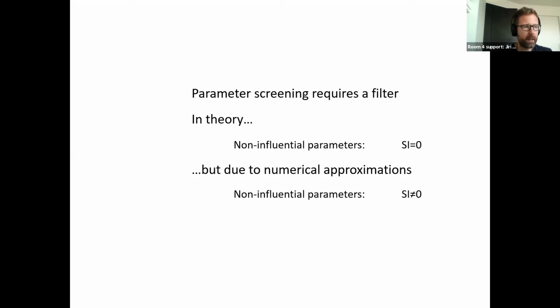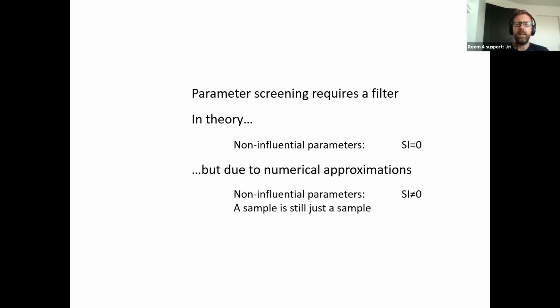So it's not completely 0, and it's hard to identify those non-influential parameters. This is mainly due to the fact that a sample is still just a sample. It's not everything, and there might be some noise in the output, and it's hard to detect those non-influential parameters.